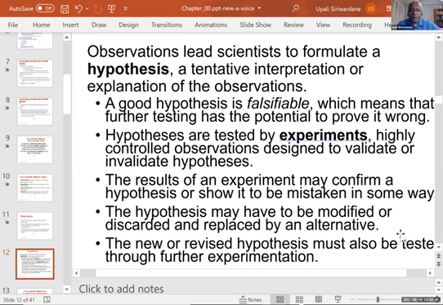So we're going through the same thing now. Results of an experiment may confirm a hypothesis or show it to be wrong. Hypothesis could be falsifiable. So it could be proven wrong.